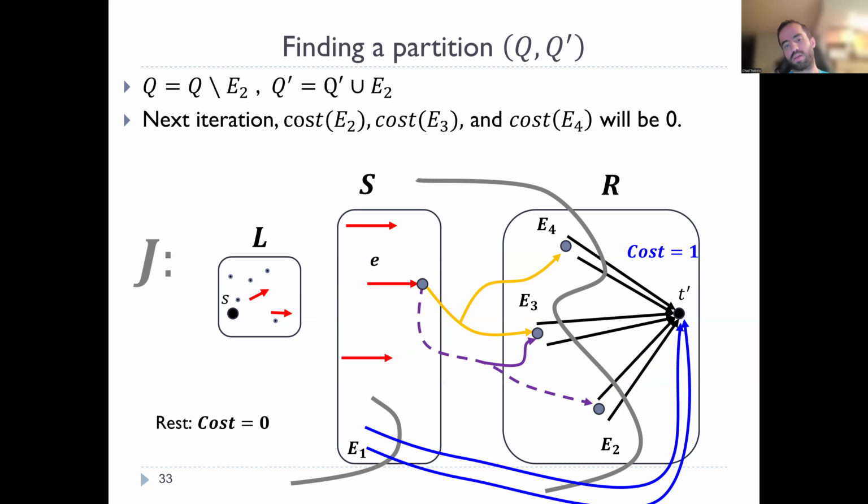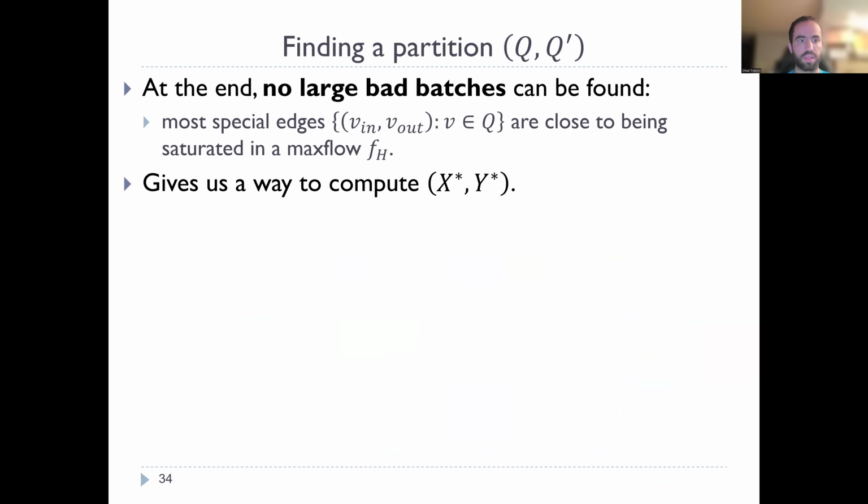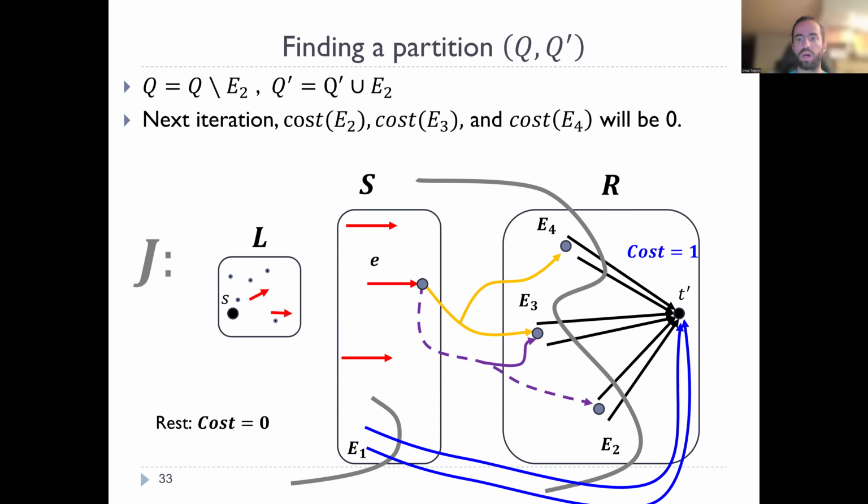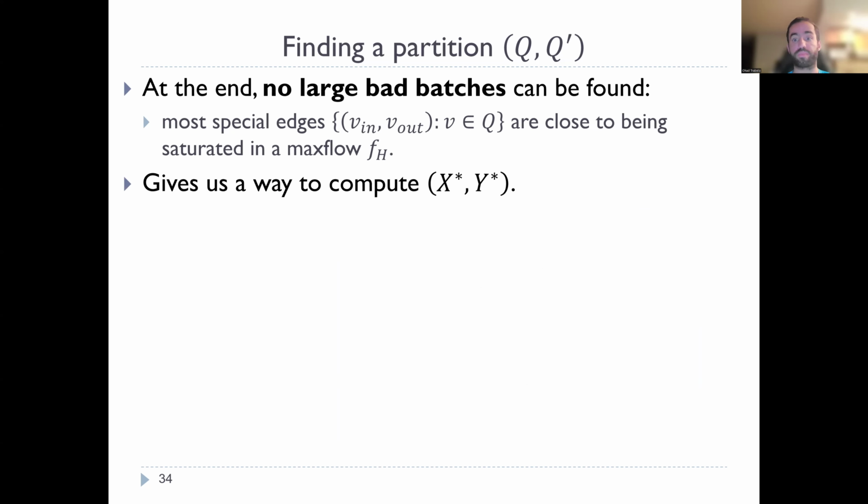And then E1 is the only set of edges that currently has cost 1. But at the end of the day, no large batches can be found. So at this point, the algorithm cannot avoid using E1, and so generally no large bad batches can be found at the end.